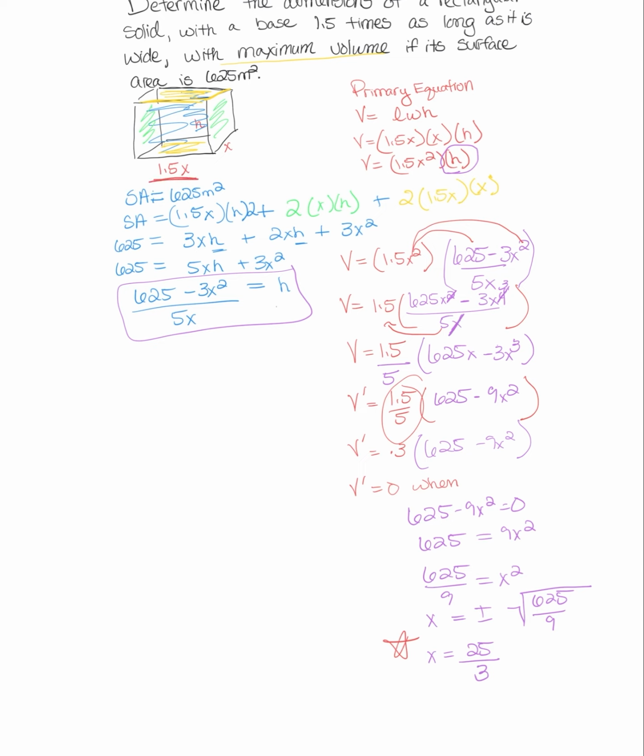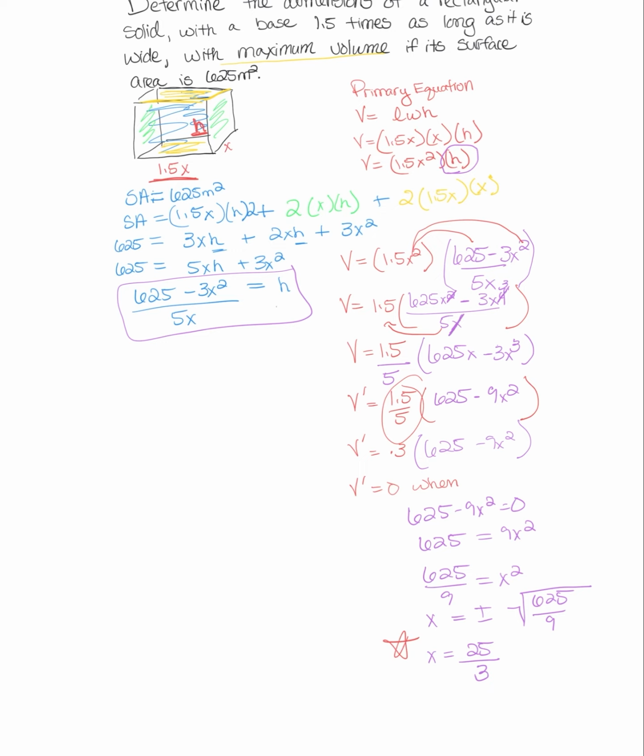We need to find the length, which is 1.5 times longer than x, and we also need to find h. Well, we've already solved for h up here, so let's go ahead and plug this in for h.